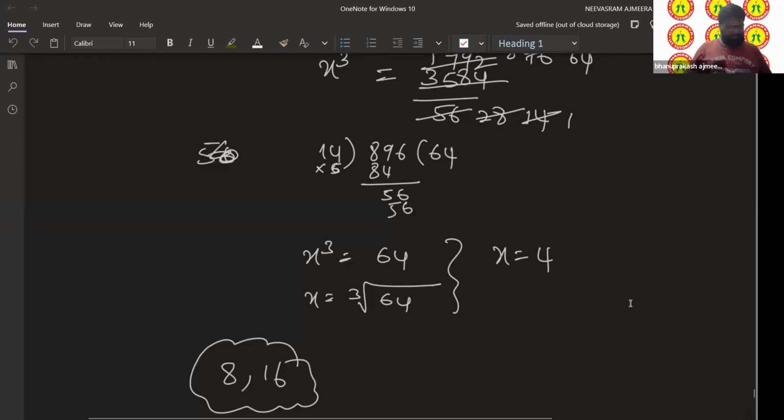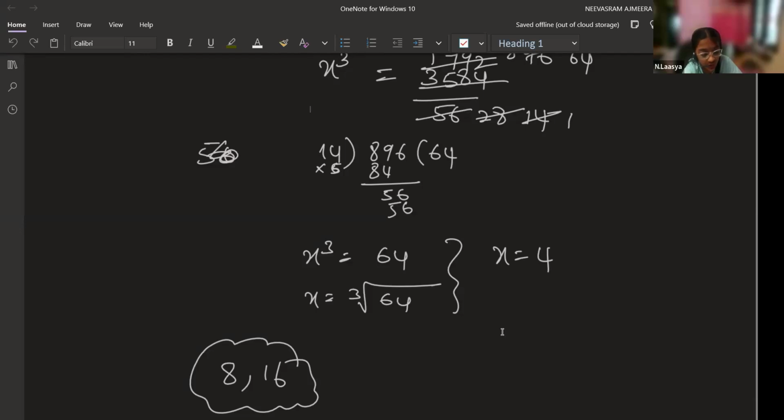What was the last problem we were doing in the last class? Sir, we were solving the questions. Find the cube root of 280 by 125.